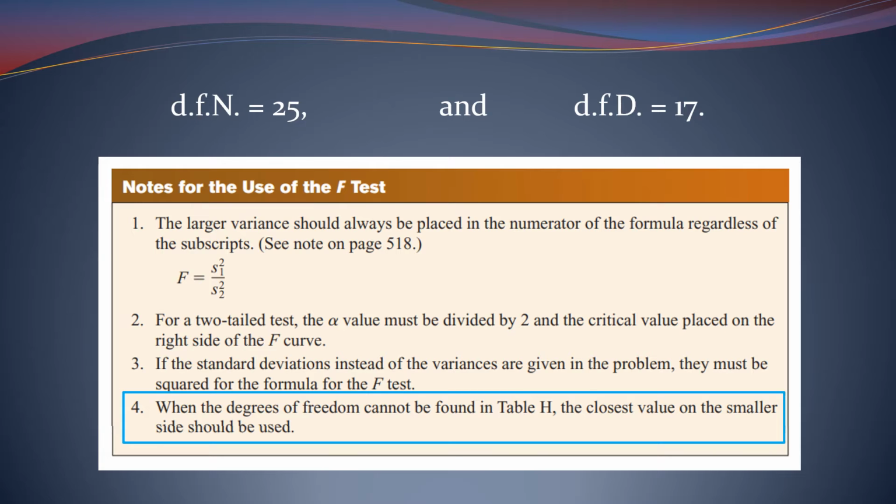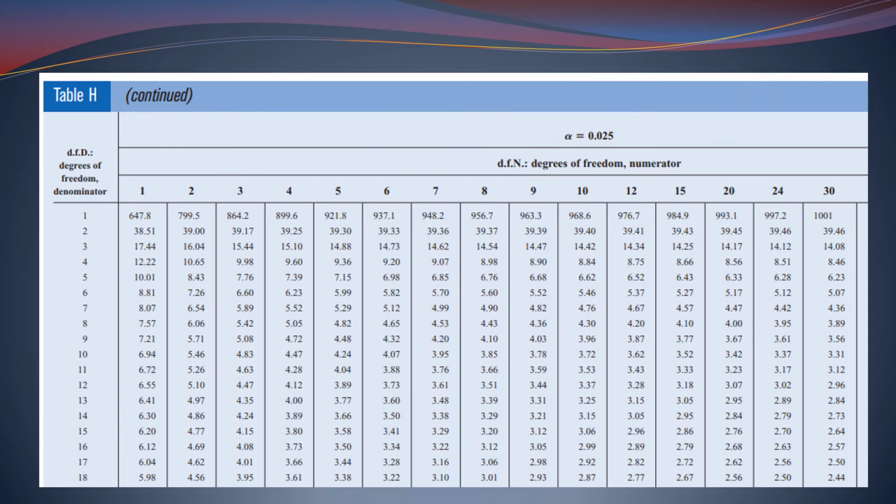So, ang gagamitin natin is yung mas maliit na side. Ang mas maliit sa 25 na nasa table H is 24. So, we will use the degrees of freedom numerator 24 in order to find the value.